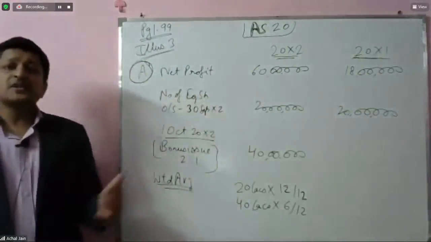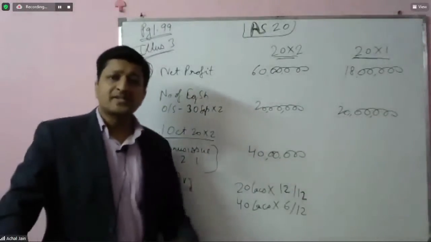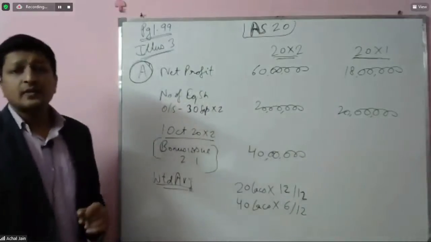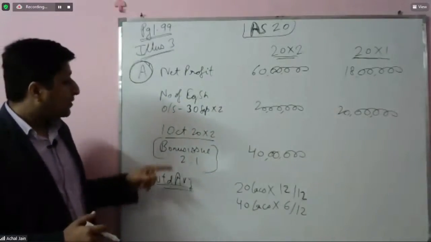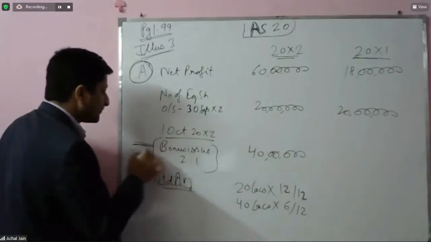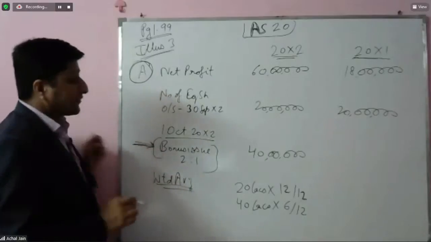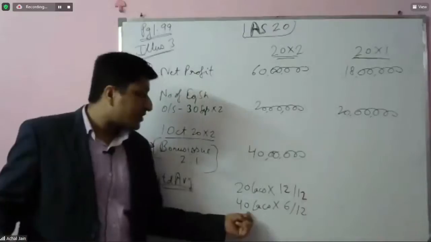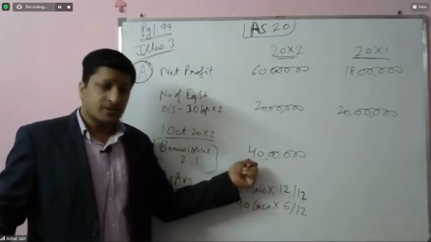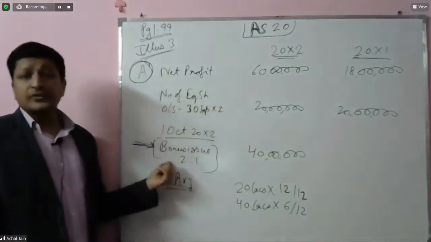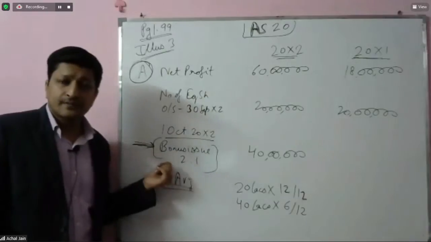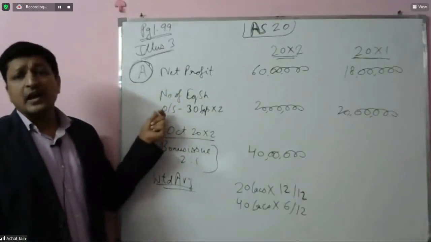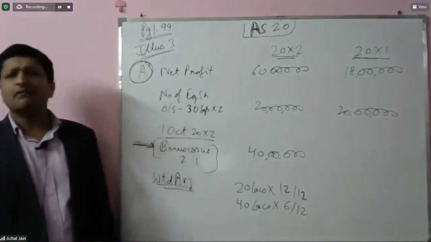This is the immediate thought that will come to our mind basis the discussion we have done so far. But this will not be appropriate. Why? Because now it's a bonus issue. Whenever it's a bonus issue, from which date will we consider these additional shares? Not from the date of issuance, but from the date when these shares have been outstanding. That means from the beginning of the year.